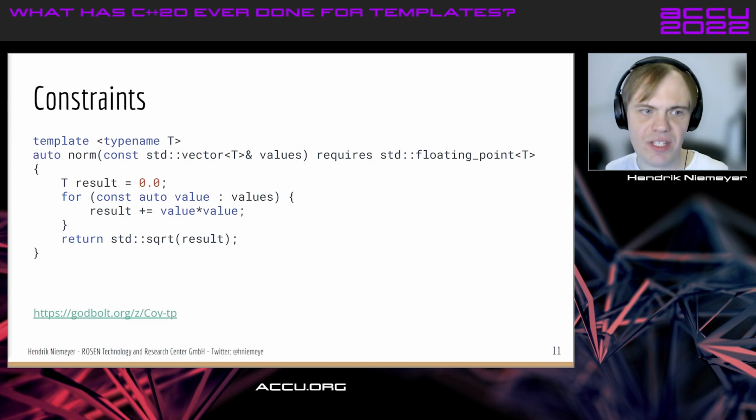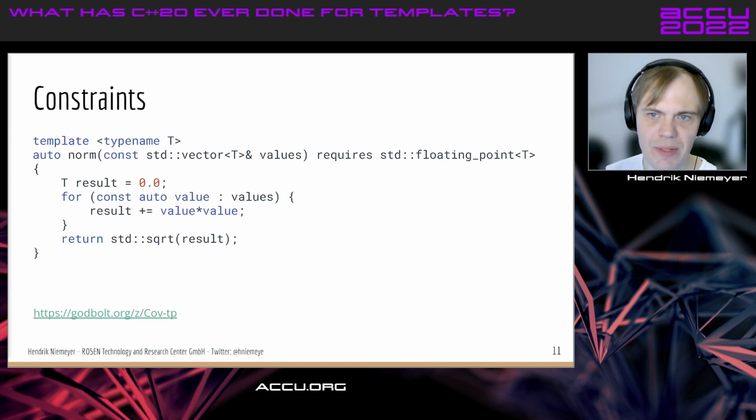So we will start here with the first code example by looking at how we can use constraints on function templates. To check the type requirement at compile time, we can use a constraint. This is highlighted in yellow on the slide. This is a so-called requires clause, which here appears as the last element of the function declarator.